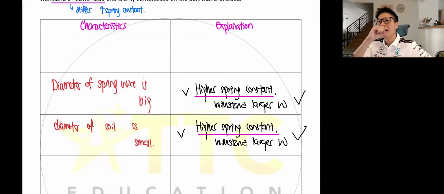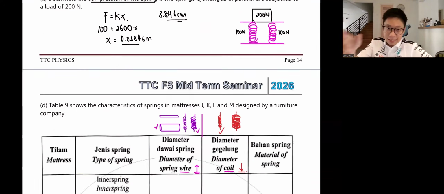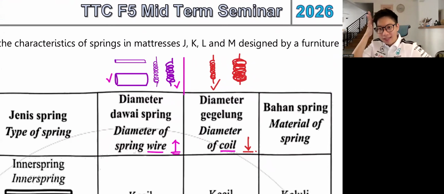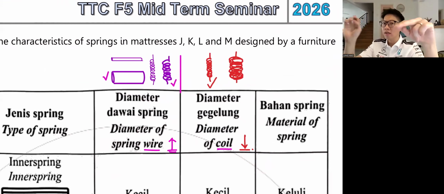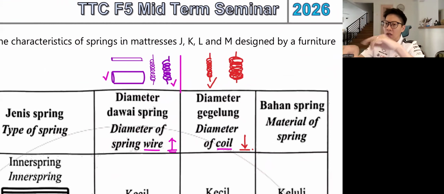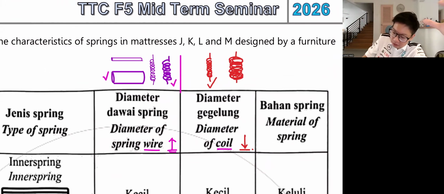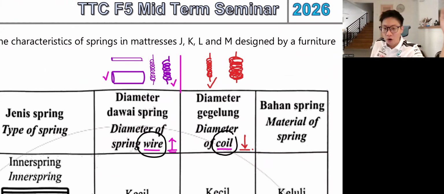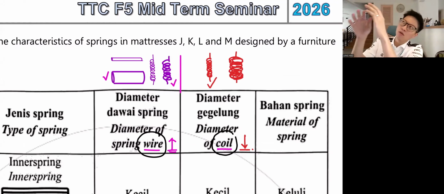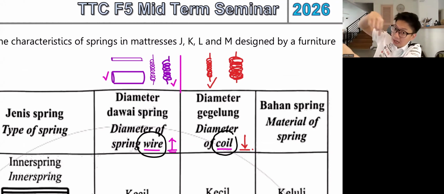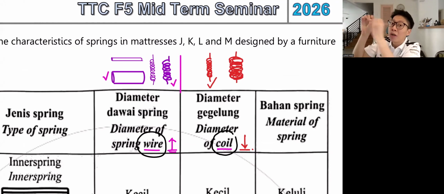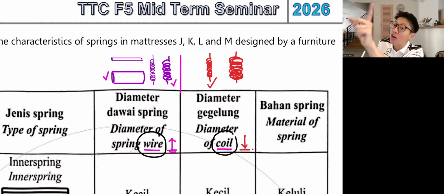Higher diameter of spring is lowest, but higher diameter of spring. Okay, Hazim. You see, when they say diameter of spring, they use the word, that thing means the coil. So you see, the main word here is actually not the spring, it's actually the wire and the coil. So I don't like it when teachers use the word diameter of spring. You should say the diameter of the spring coil or the diameter of the spring wire. So based on your answer, Hazim, your statement is referring to the spring coil, which is this one.